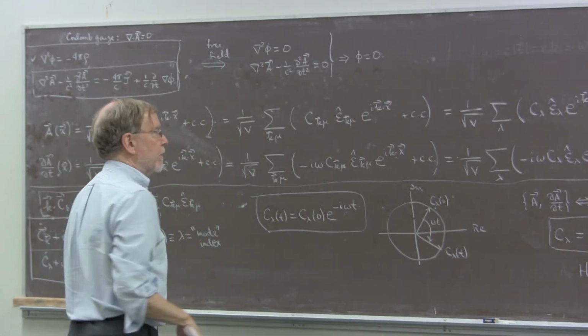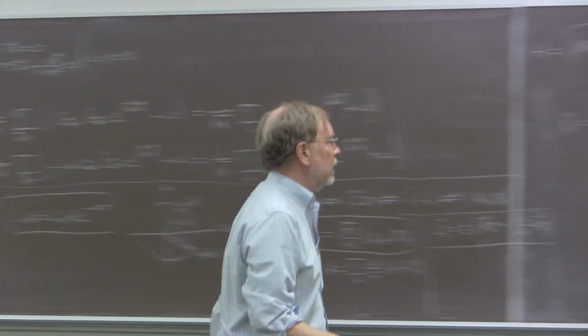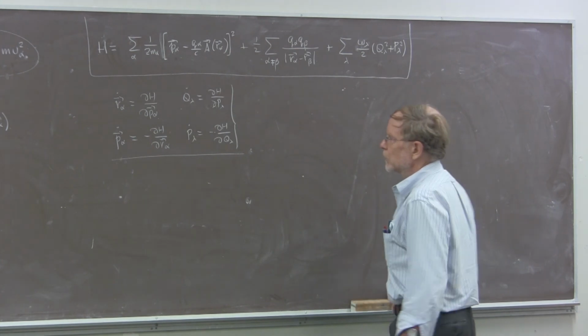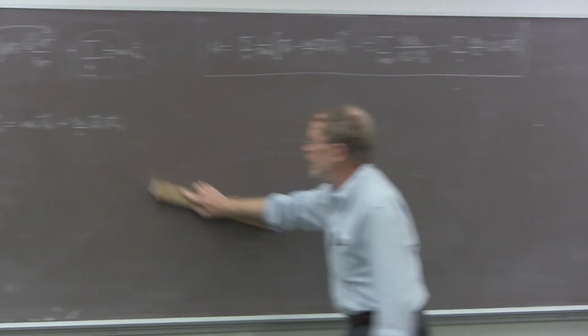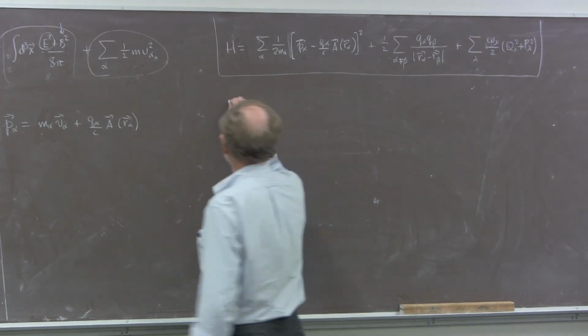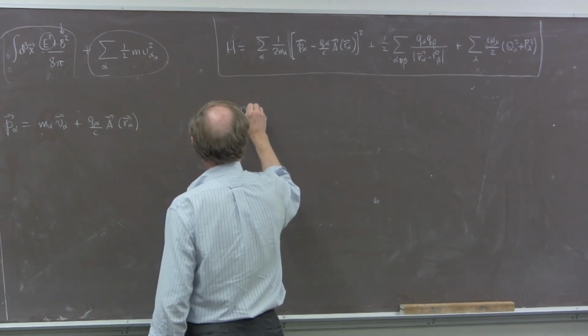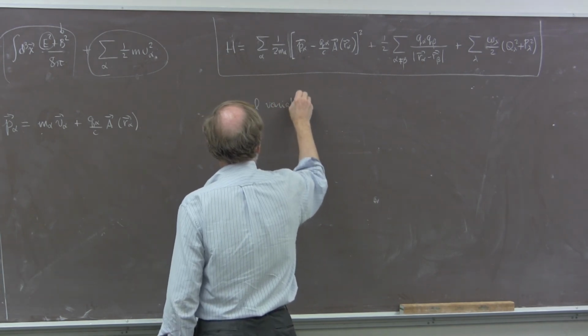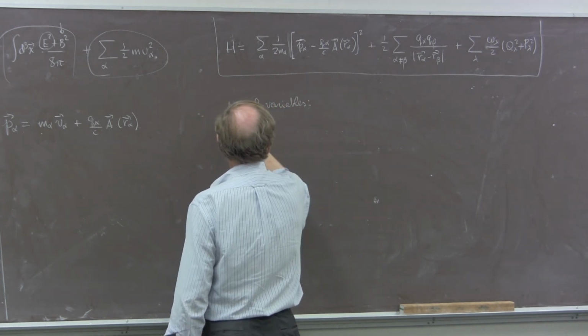All right. Now, this completes almost everything that I want to say about the classical setup of the electromagnetic field. There's just one more comment, which is that it is convenient to introduce what are sometimes called normal variables in the classical description. The normal variables are harmonic oscillator variables.